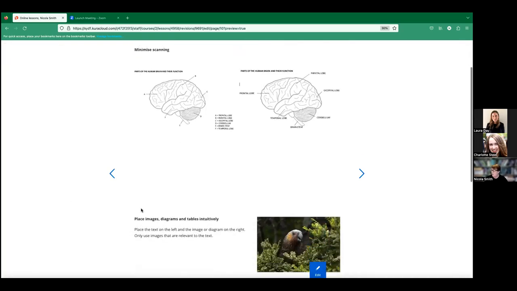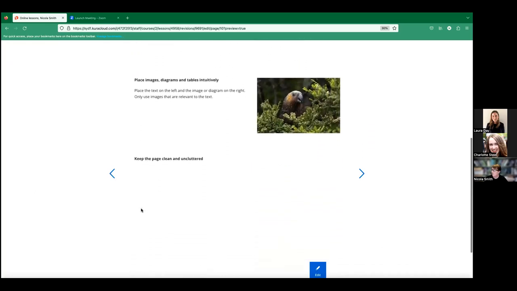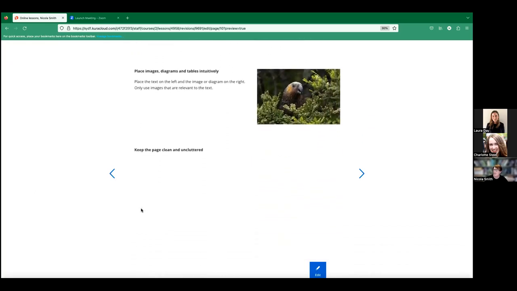So if I roll this page up a bit, another couple of simple things is to make sure that you place your images and your diagrams and your tables in an intuitive manner. In English, we read from left to right, so it's logical to place your text on the left and your images, your diagrams or whatever on the right. And also make sure that you only use images that are relevant to the text.